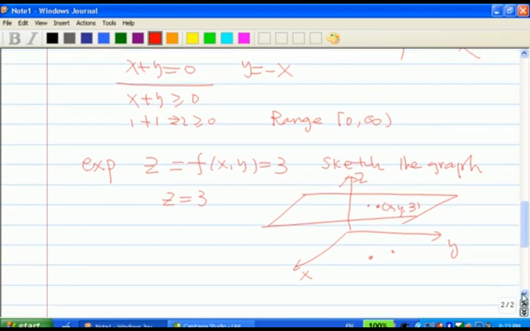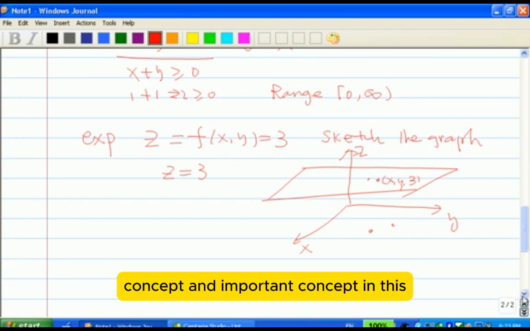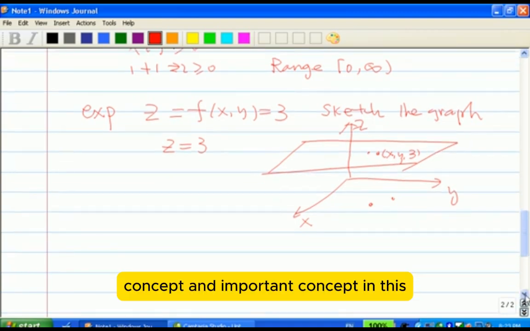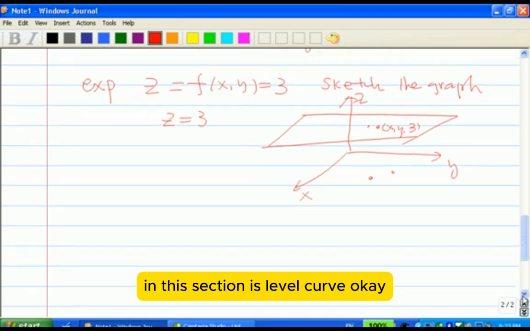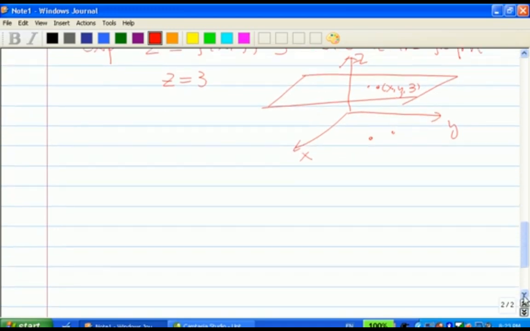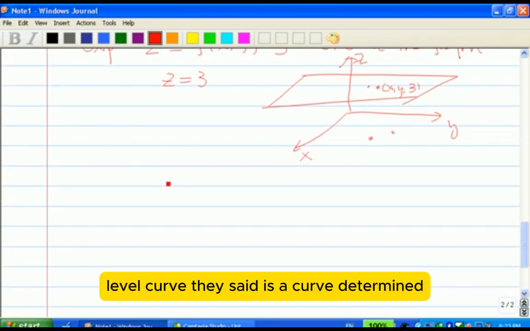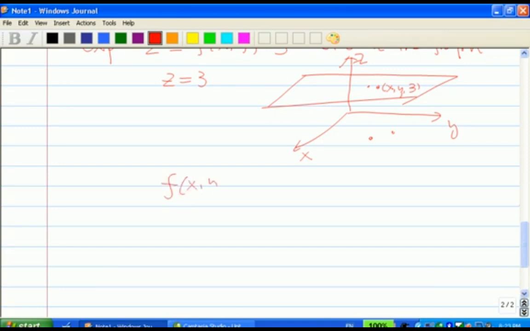Okay. Another important concept in this section is the level curve. If you read a book, a level curve, they say, is a curve determined by this equation.